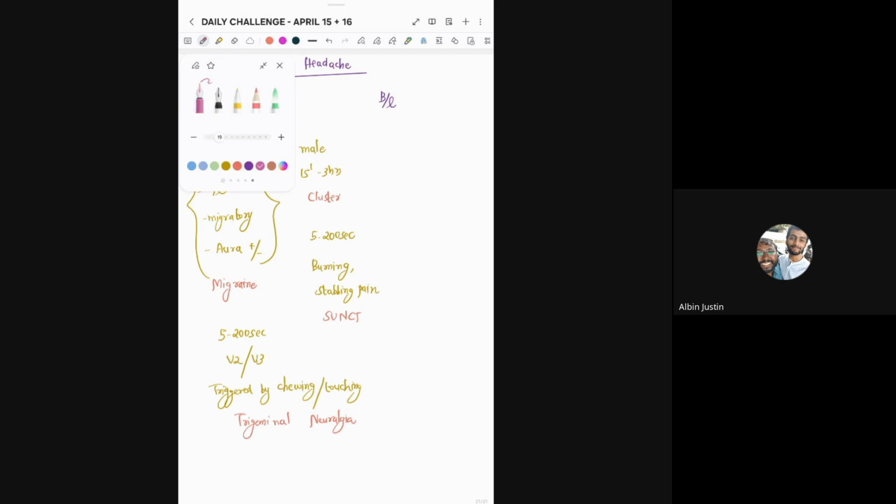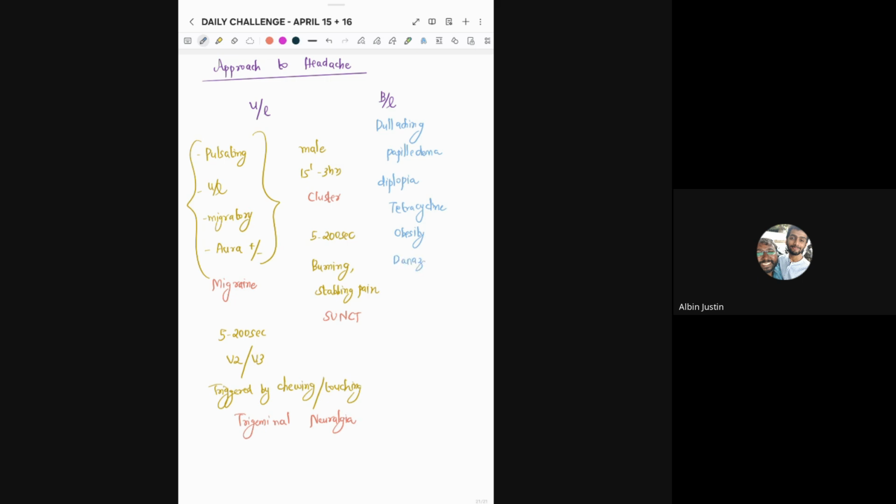When it is bilateral with dull aching, papilledema, diplopia, and a history of tetracycline, obesity, danazol, and vitamin A excess, you call it pseudotumor cerebri.